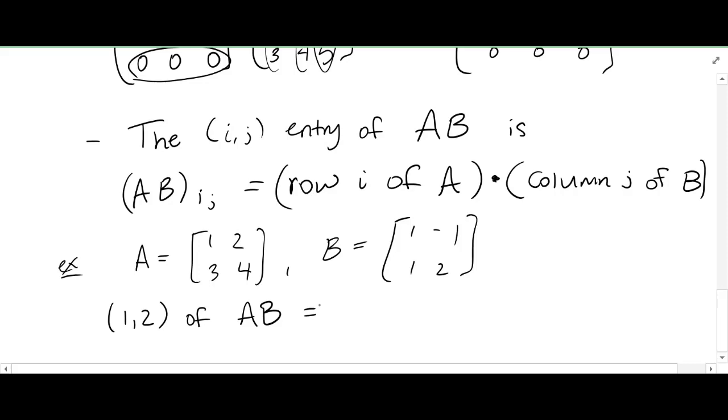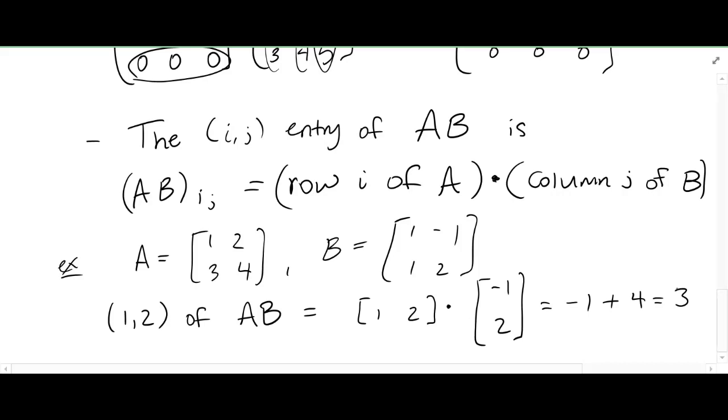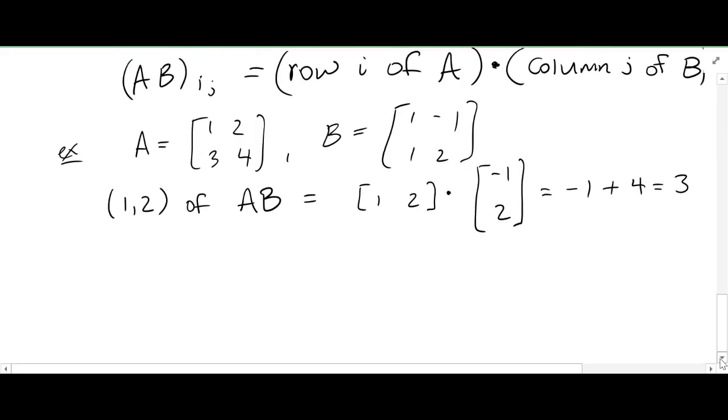We can get that by just doing row 1 of A, which is 1, 2, dot product with column 2 of B, which is negative 1, 2. So that would be negative 1 plus 4, which is 3. So that would be the 1, 2 entry of A times B. And sometimes on the homework they'll say calculate this particular entry without doing any other computations. That's how they want you to do it.